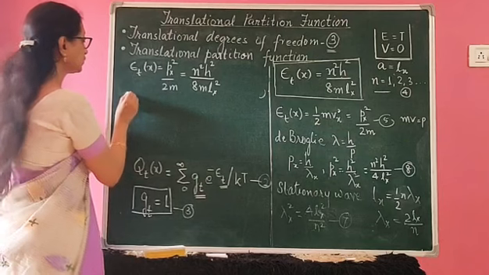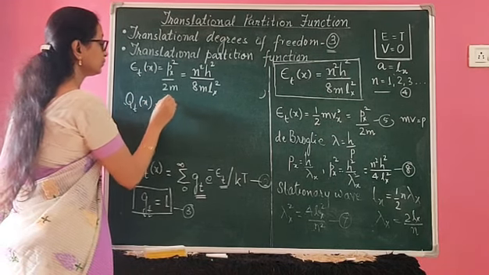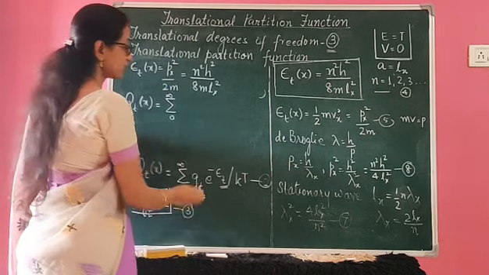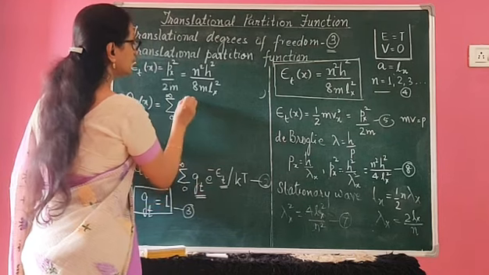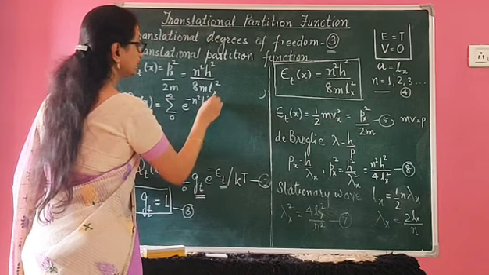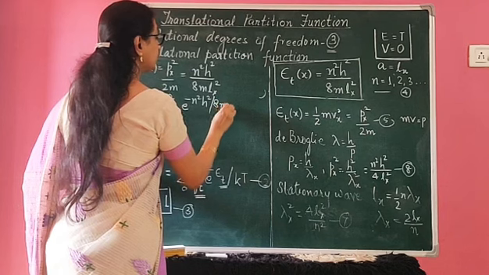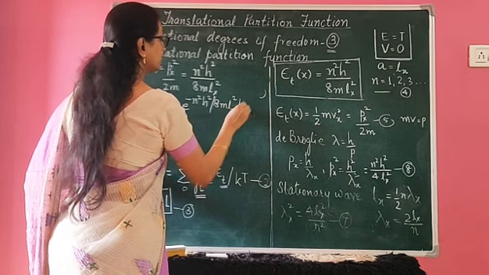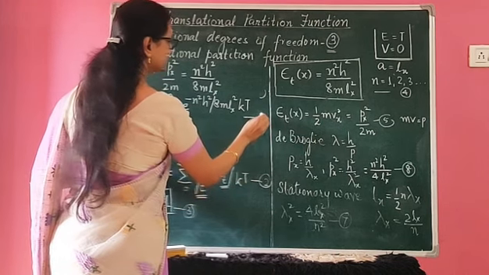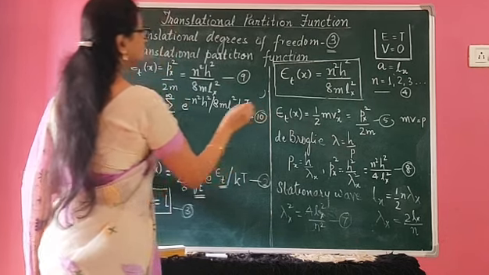Let's see, Qt is equal to summation 0 to infinity, we are putting Gt as 1, e to the power minus n square h square upon 8m Lx square kT. Let this be equation number 9, this is 10.